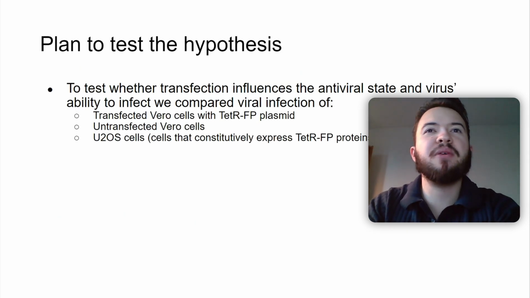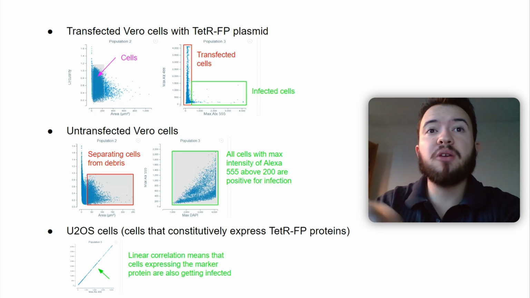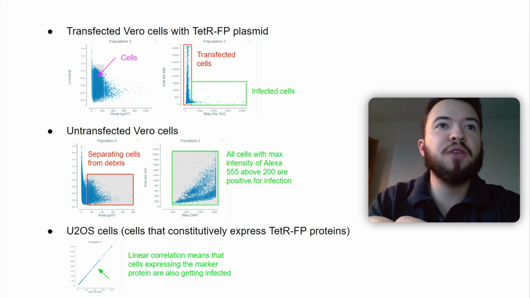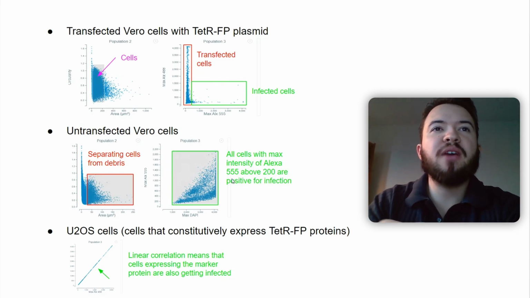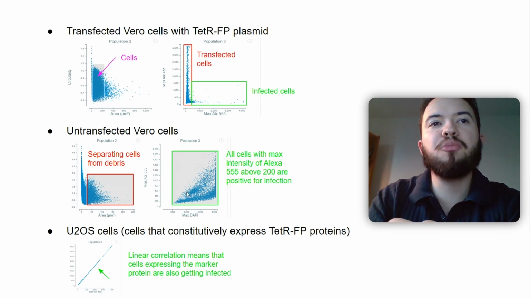And then we were able to test it, and we performed 3 parallel experiments. We did the cells that were transfected and infected. This was the first experiment that we have done. Then we tried it with untransfected cells, so cells that didn't have this foreign DNA introduced. And we see directly that all the cells are quite positive in both, so there was no grouping.